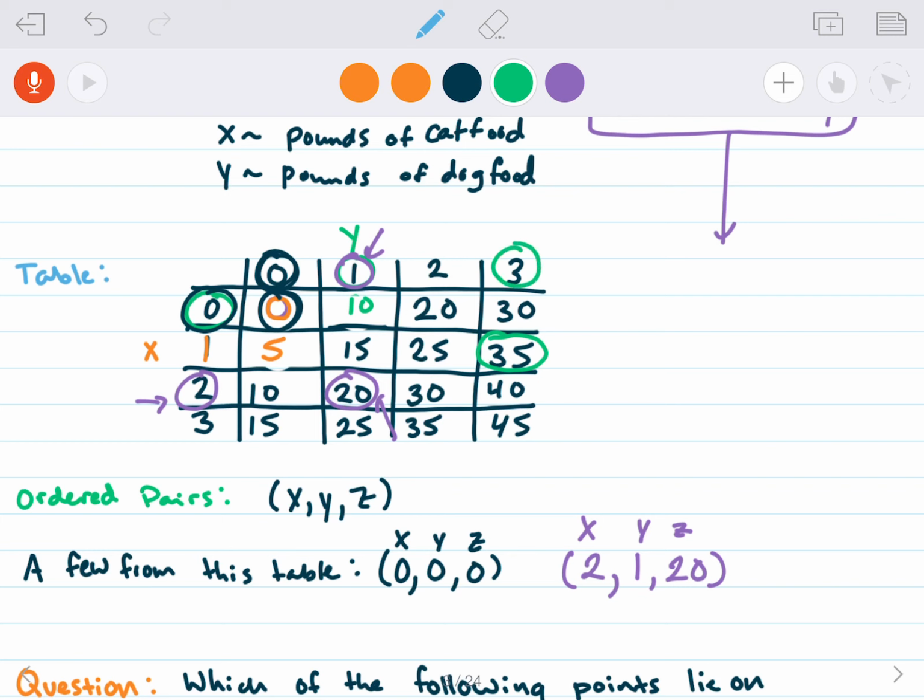The x row that I'm in is 1. The y column that I'm in is 3. So when x is 1, y is 3, and z is right here, 35.